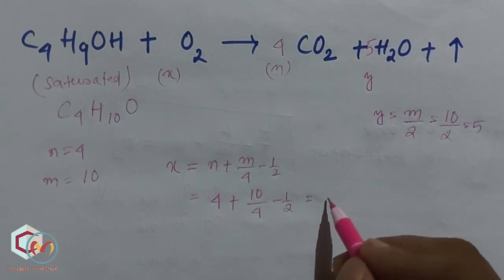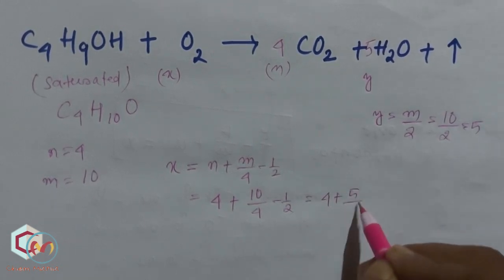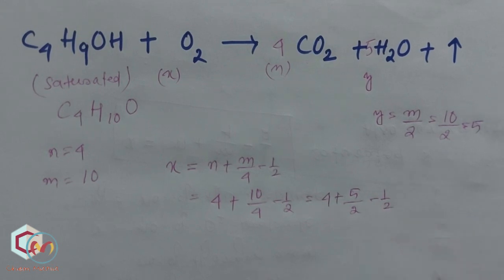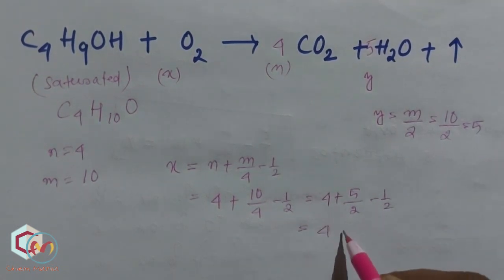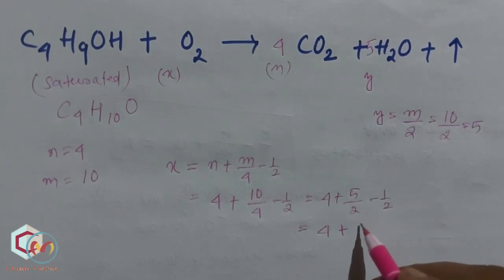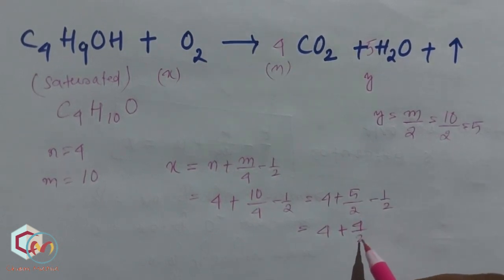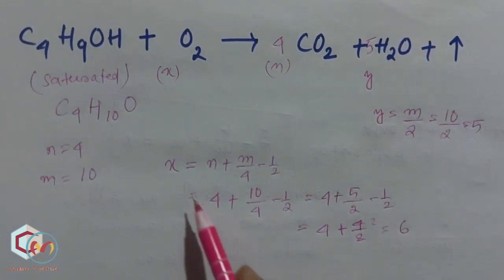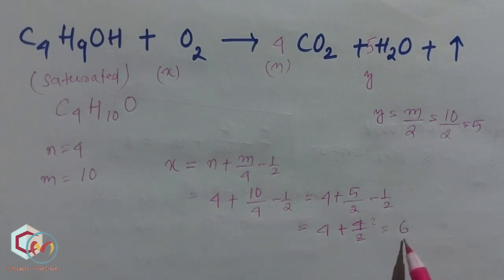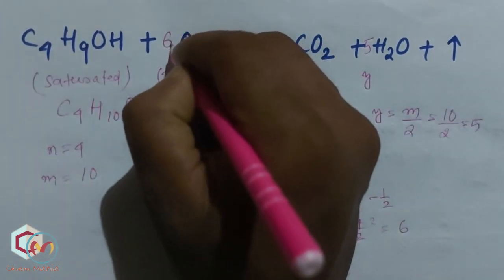If you solve this, 4 plus 5 by 2 minus 1 by 2, that is 4 plus 4 by 2, that is 2, so 4 plus 2 is equal to 6. So the value of X we got is equal to 6. So we will multiply 6 here.